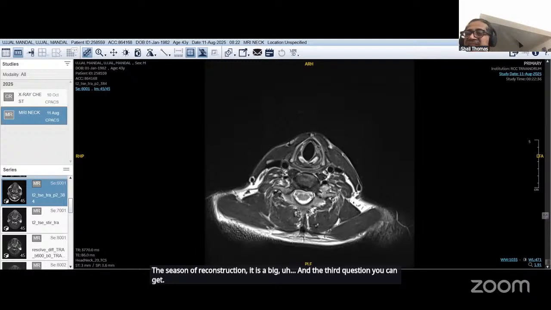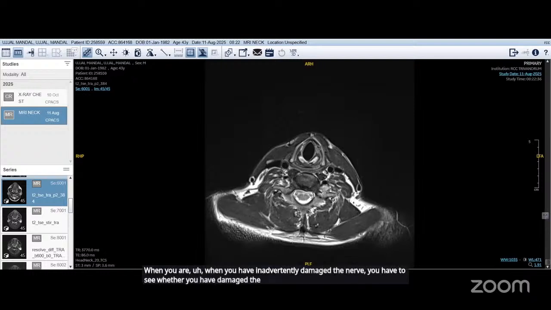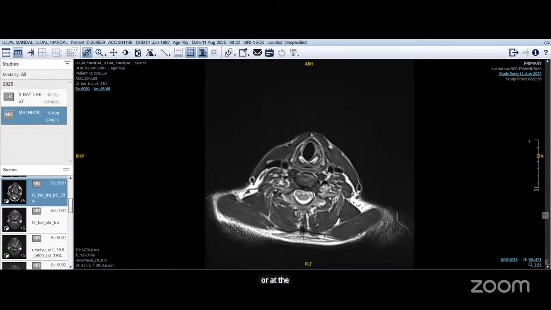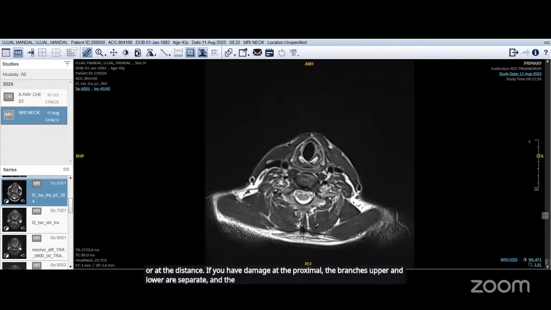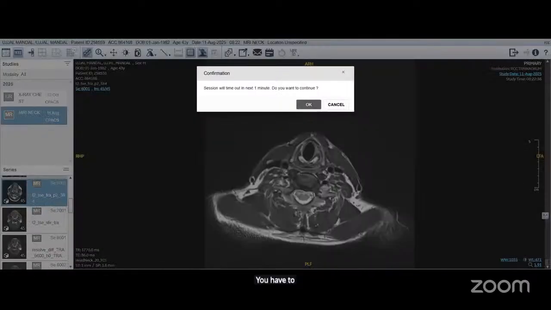When you have inadvertently damaged the nerve, you have to see whether you have damaged it at the proximal or at the distal. If you have damaged at the proximal, the branches upper and lower are separate and the proximal is separate. You cannot do the primary anastomosis. You have to do upper with the different and the lower with the different. Understand?